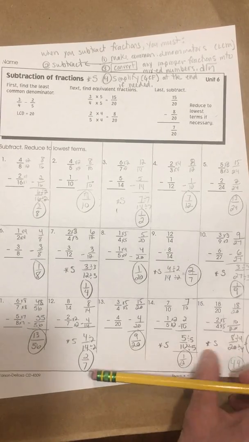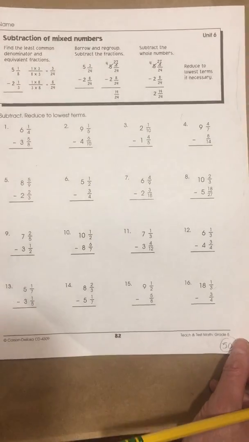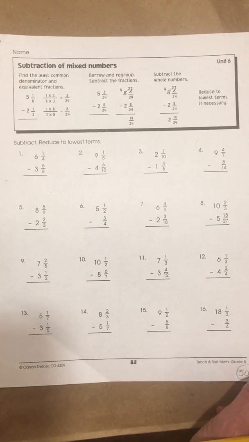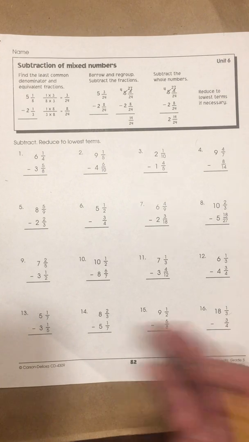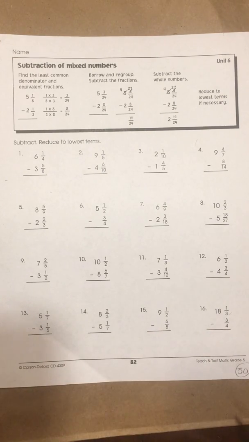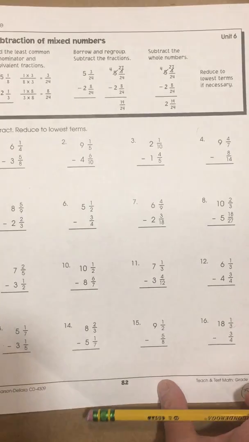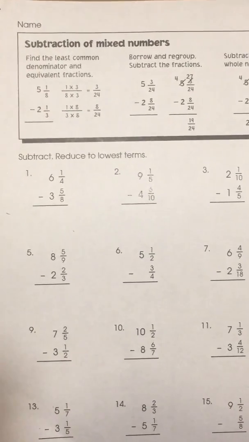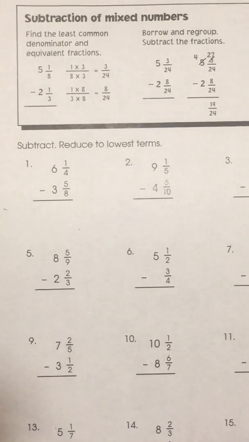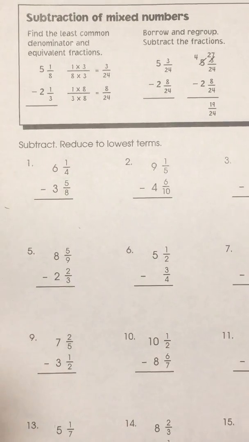Okay, so I'm just going to spend a moment or two on page 50. This is where we're just putting everything together. We have to borrow, but this time, unlike the other page, we have to borrow and they give you a fraction.